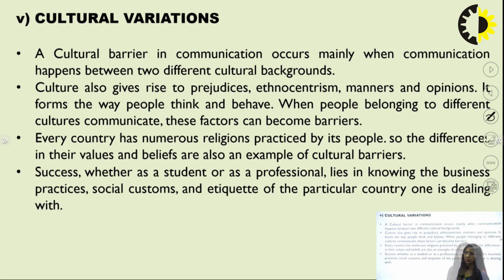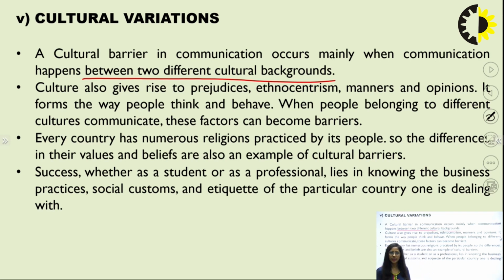Next is cultural variations. A cultural barrier in communication occurs mainly when communication happens between two different cultural backgrounds. We encounter cultural barriers in everyday life. In the age of globalization and digital media, the whole world is performing and participating on one platform.